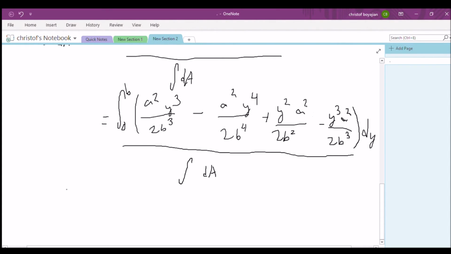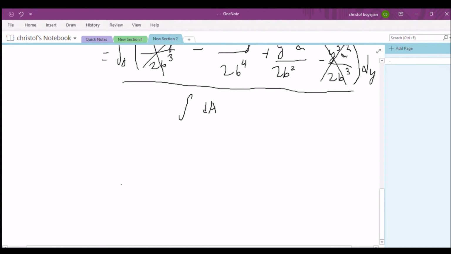And then we see we have another one of these. And it's exactly the same thing, a squared y cubed over 2b cubed. And we're subtracting it, right? So we can see that these terms should actually just cancel each other out. That is great.